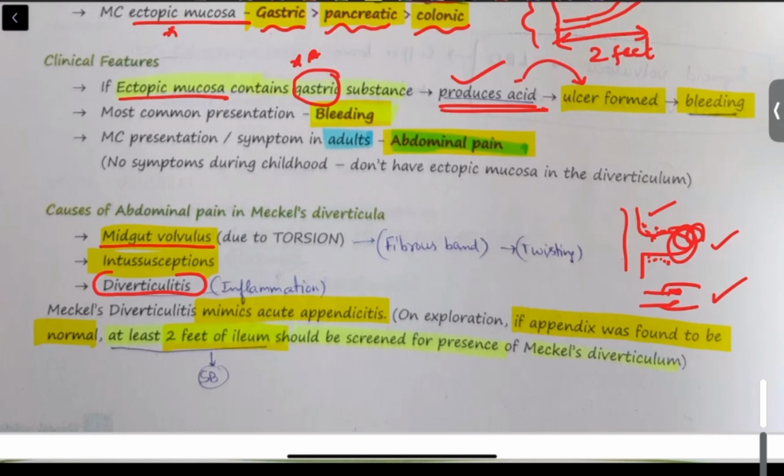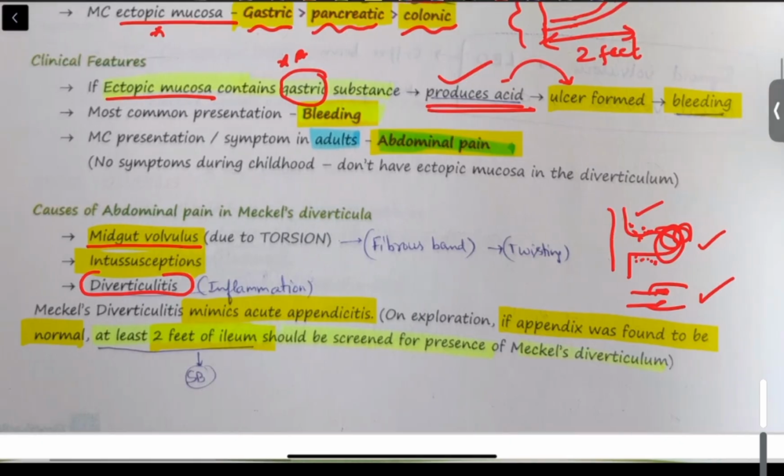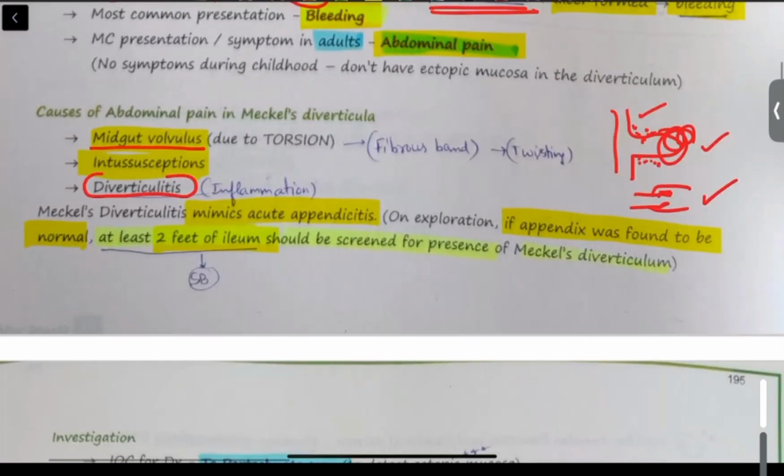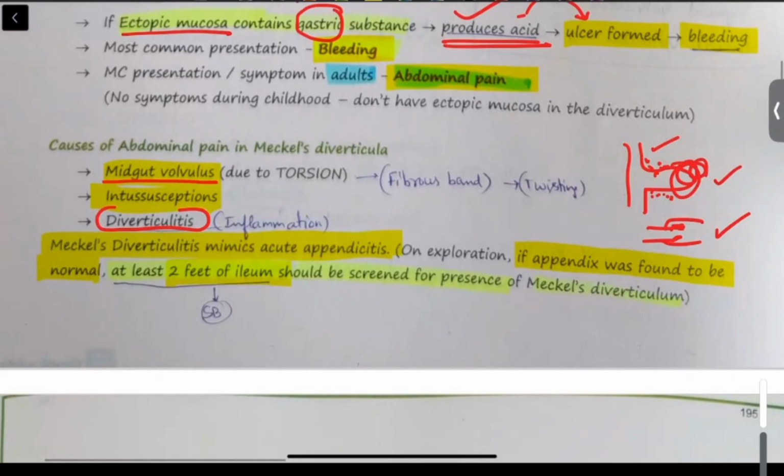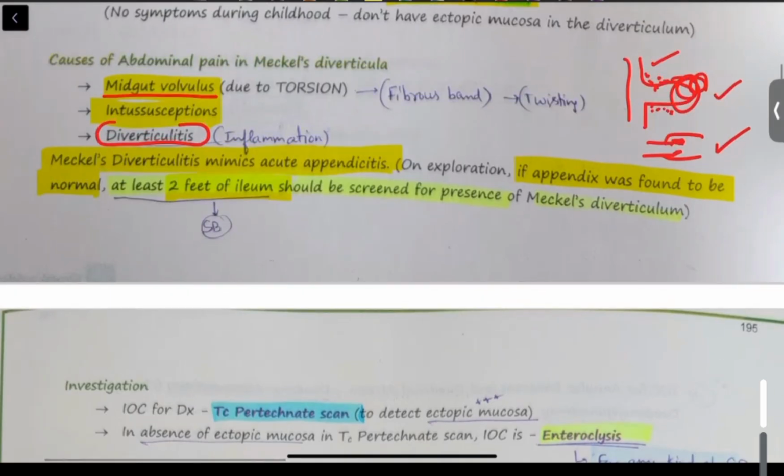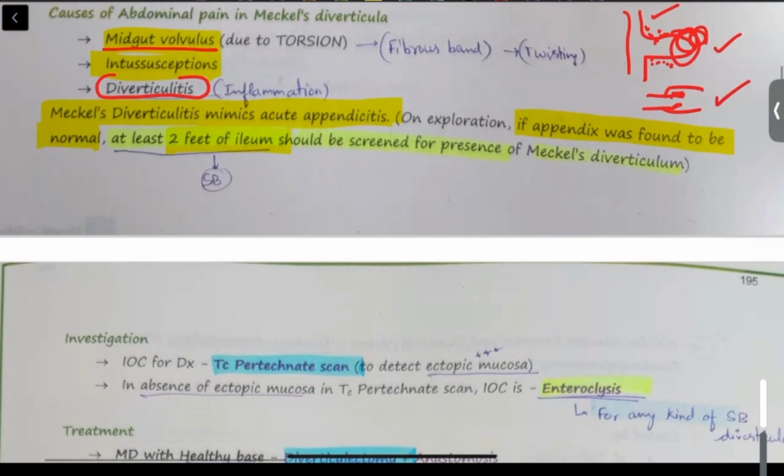So once on exploration, if the appendix is normal, we should look for the Meckel's diverticulum, which is 2 feet from the ileocecal junction, and only if the Meckel's diverticulum is also normal, then there can be some other pathology which we should find out. If only the appendix is removed and we have closed, that will be our fault. Hence this point should be kept in mind, that Meckel's diverticulum mimics acute appendicitis and we should always look 2 feet away from the ileocecal junction.